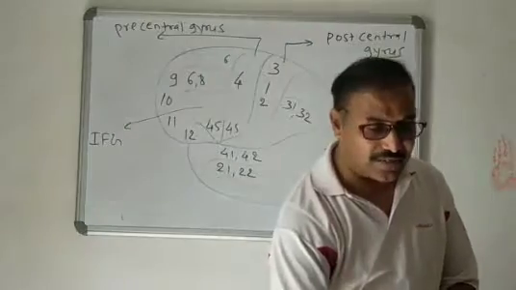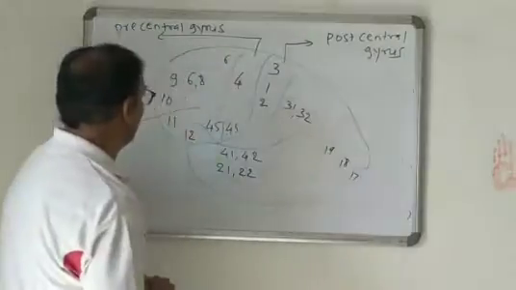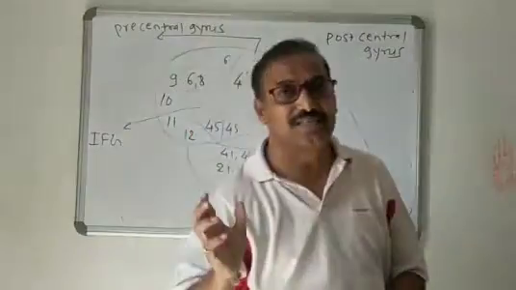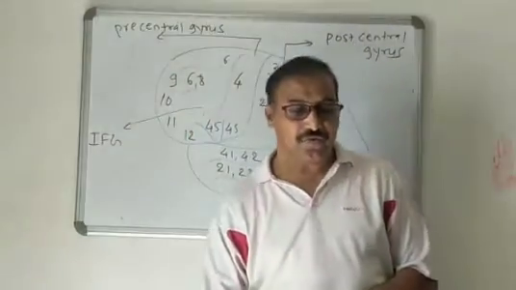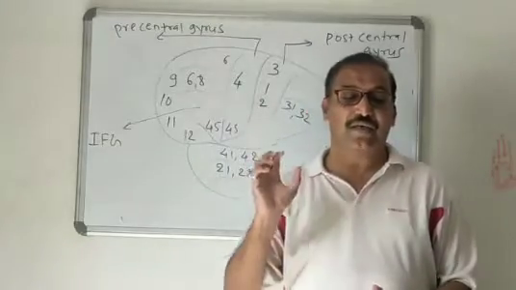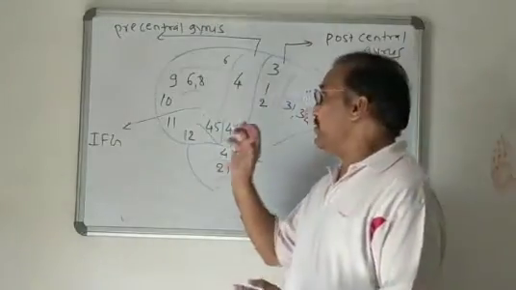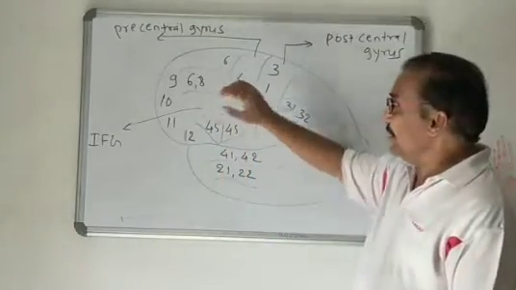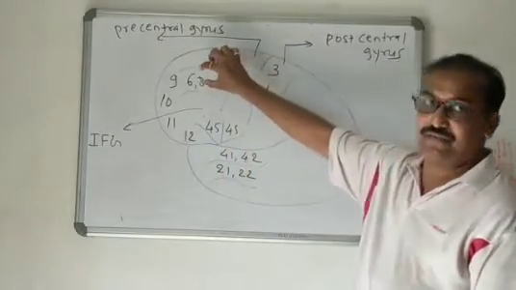Now along with area number 6, another area is also present, that is area number 8. These area number 6 and area number 8 are together called the frontal eye field. Where will we find this frontal eye field? That area lies in the middle frontal gyrus.